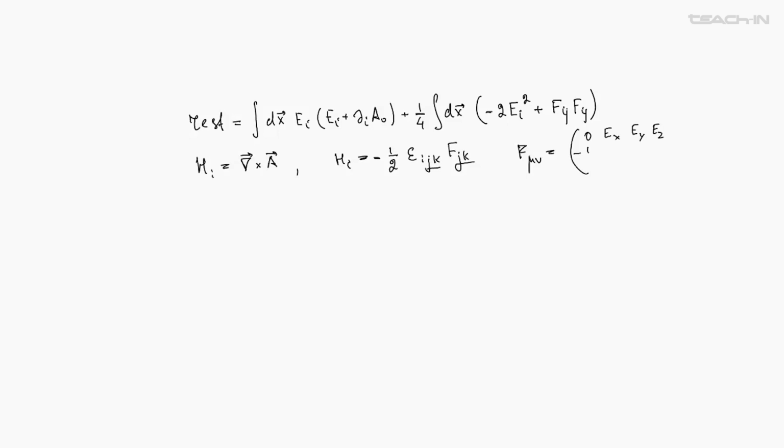And here you have 0, minus Hz, Hy, 0, Hx. Here there would be Hz by skew symmetry, and here minus Hy, and here simply must be 0, Hx under this. So it's a skew symmetric tensor.